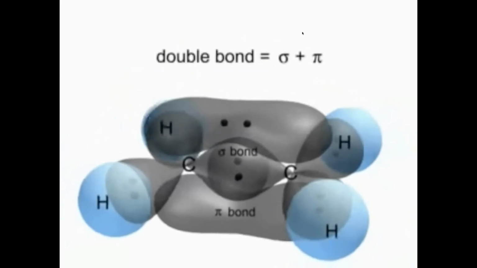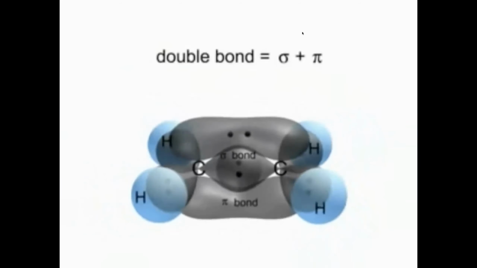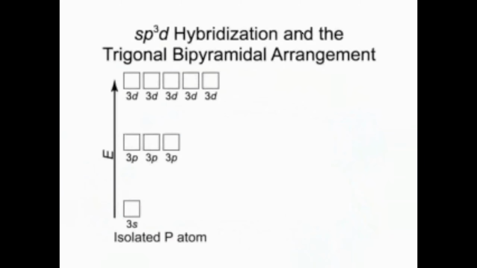In the ethylene molecule, four H atoms overlap the four other carbon sp2 orbitals. But in molecules with more than four atoms around the central atom, such as phosphorus pentachloride, the central atom utilizes d orbitals to expand its valence level. Hybridization accounts for the shapes of these molecules as well.